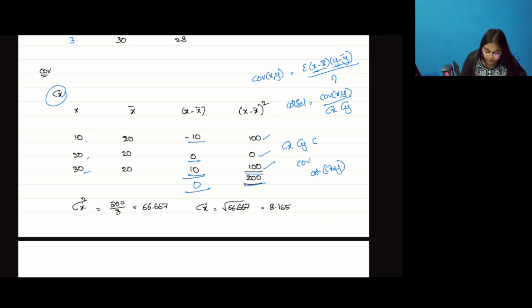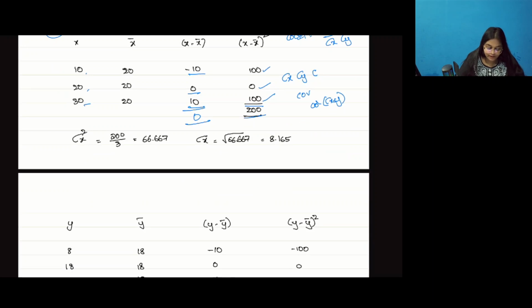So the total of x minus x bar whole square equals 200. The formula for variance is summation x minus x bar whole square divided by n, that is 200 divided by 3 equals 66.6667, and standard deviation, that is sigma x, equals square root of summation x minus x bar whole square divided by n. We have already calculated variance, 66.667, and the square root will be 8.165.